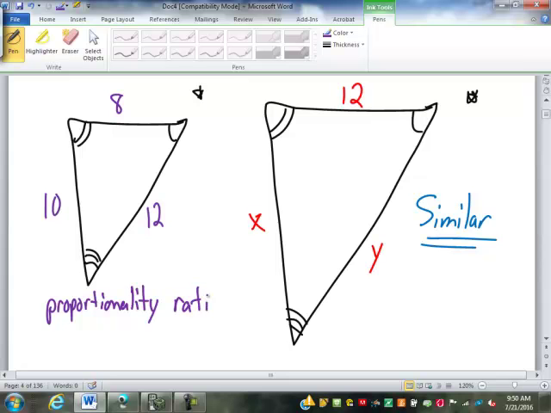And we find that by using a proportionality ratio. In other words, just a ratio of sides. You don't need to know the term proportionality ratio either, but the concept of a ratio of sides is important. To do that, I need to find two sides that are what we call related or corresponding.